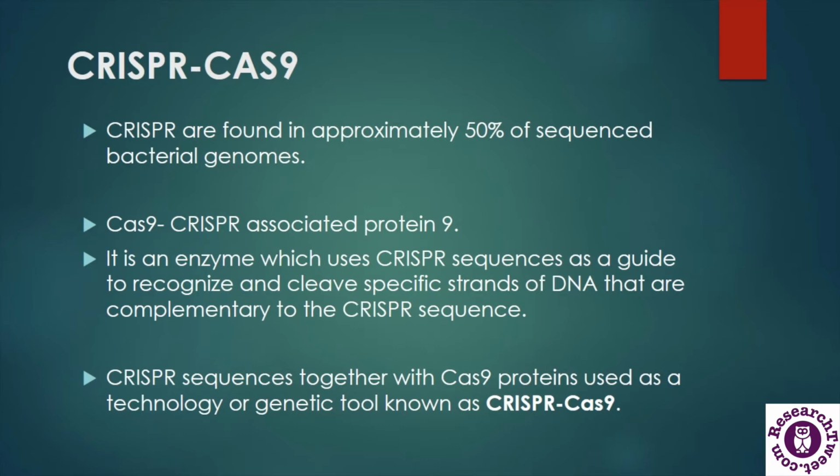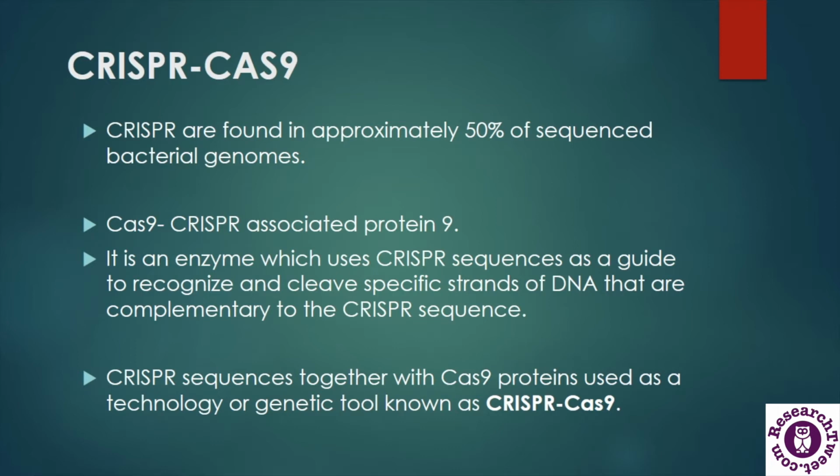Cas9 stands for CRISPR associated protein 9. It is a type of protein which acts as an enzyme. Basically, it is an enzyme which uses CRISPR sequences as a guide to recognize and cleave specific strands of DNA that are complementary to the CRISPR sequence.